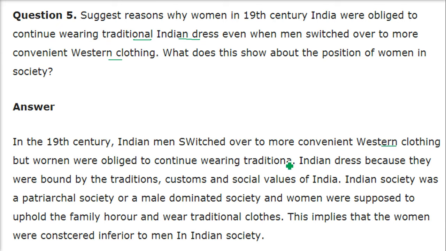This is why: the Indian women were bound by the tradition, customs and social values of India. Indian society was a patriarchal or male dominated society, and women were supposed to uphold the family honor and wear traditional clothes only. So this implies that women were considered inferior to men in Indian society.